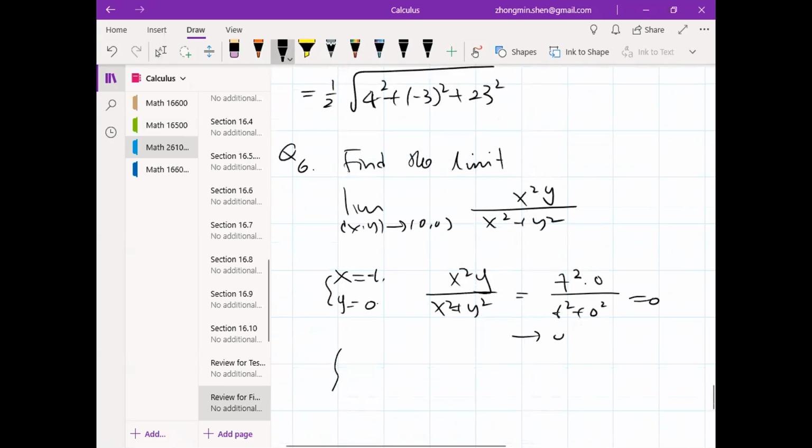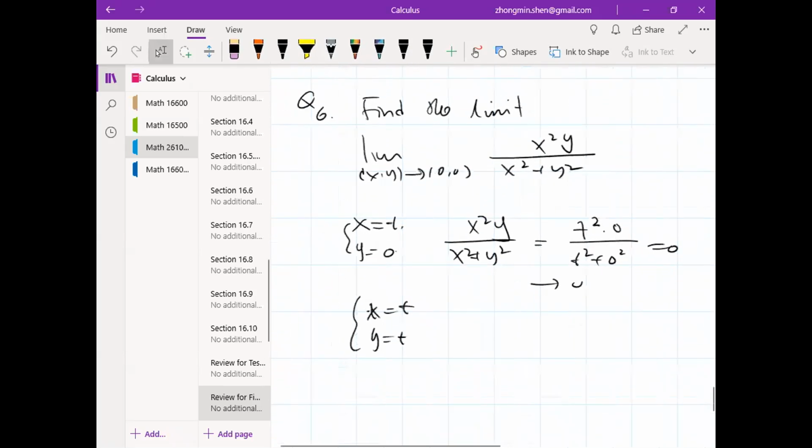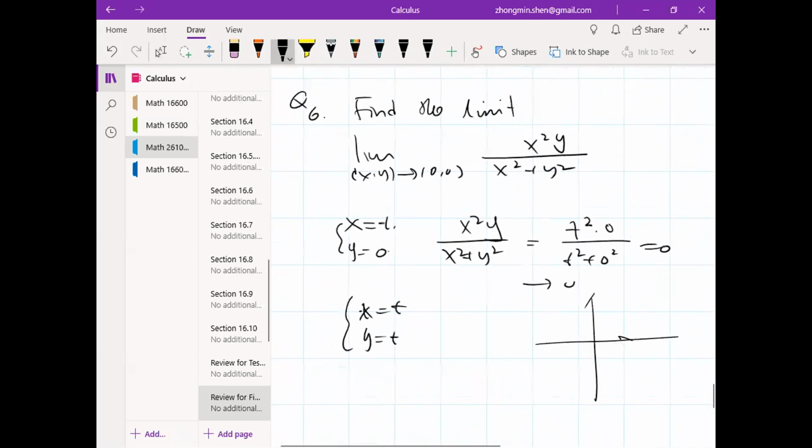Now along the line in the middle, x equals t, y equals t, or any line. Let's take an arbitrary line, x equals a t, y equals b t.